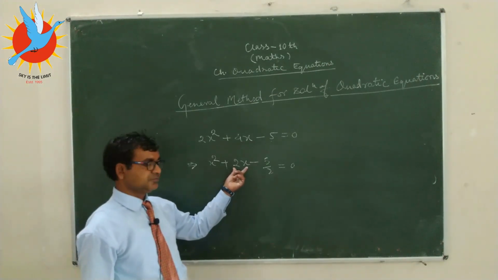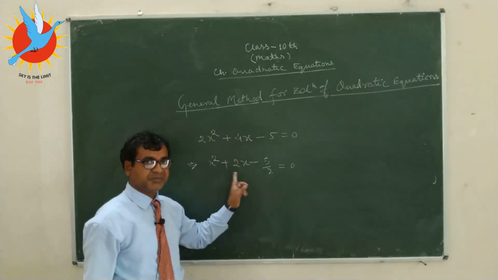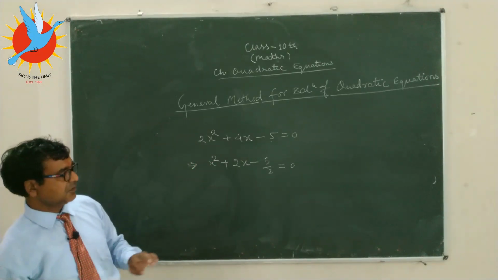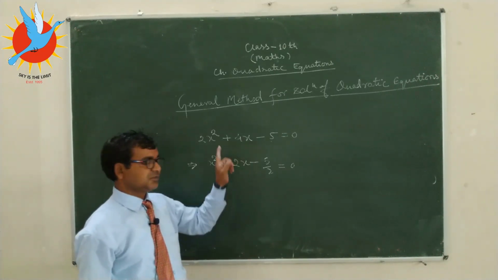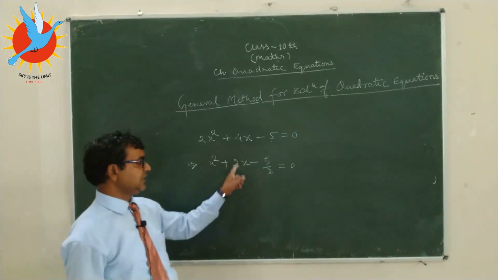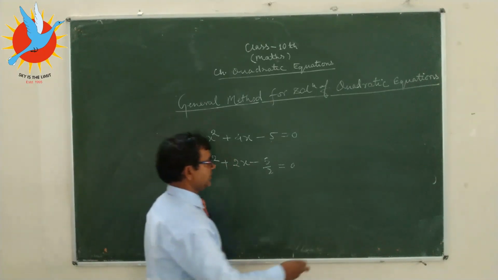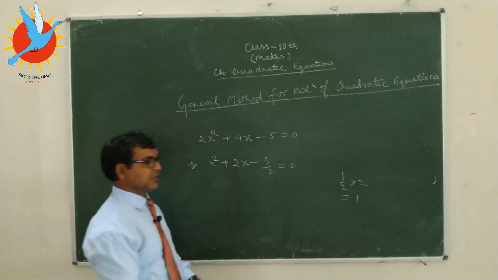Now here the coefficient of the middle term is 2. In the previous question what we did was divide the coefficient of the middle term by 2, and half of 2 is 1.